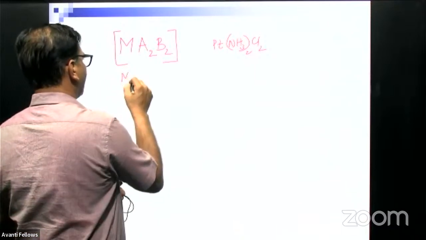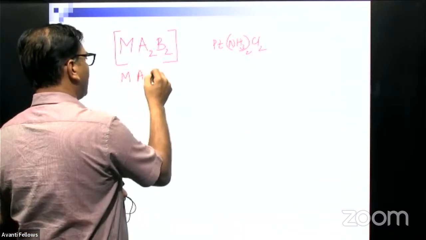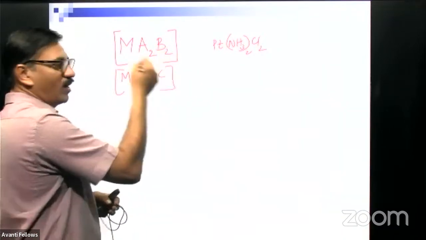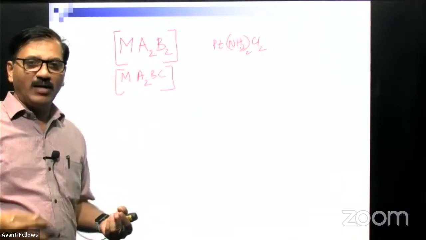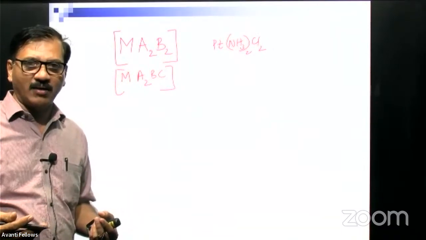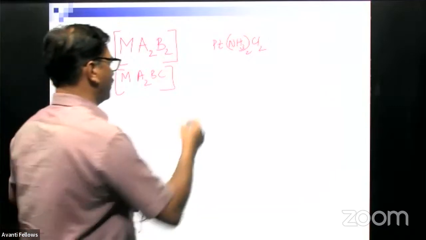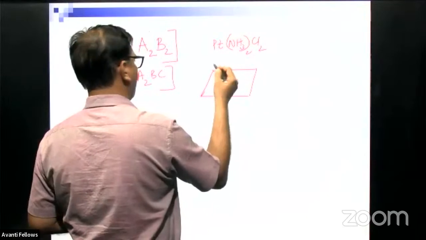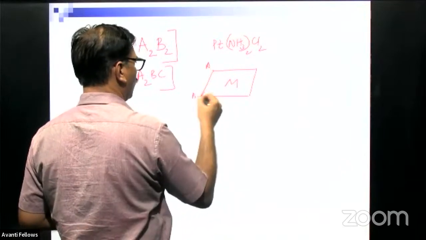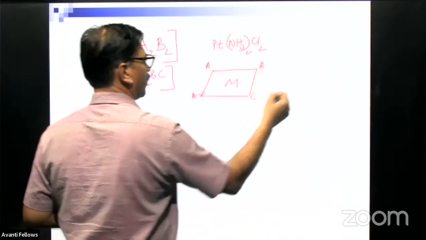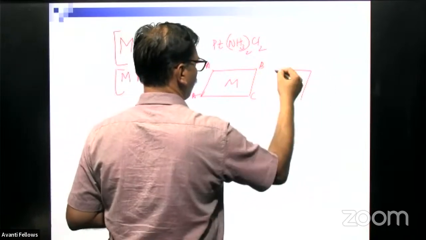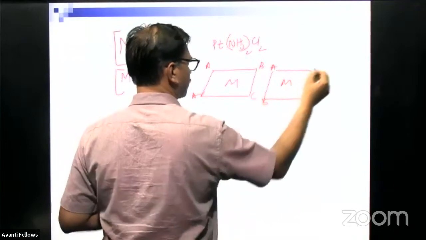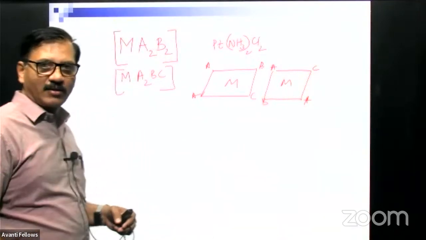Suppose it is Ma2bc, instead of b, there are two different ligands. Will it form cis and trans isomers? The answer is yes, because if the metal is here, A2BC, look at this.